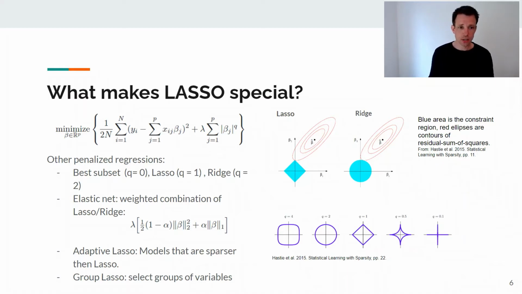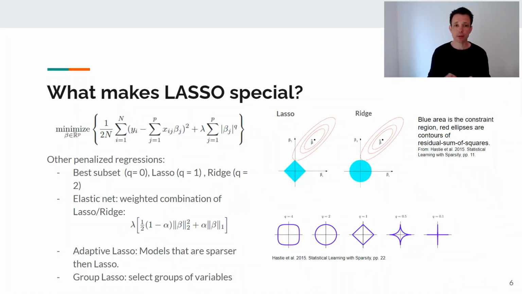Let's consider this expression here again that you have basically seen before, with the difference now that we have this little q in there, and that q can take on different values. For lasso, that is equal to 1, which is the expression that you have seen before, which means that the penalization term is the sum of absolute values of your coefficients. But you can choose also other values for q, and that results in other penalized regressions.